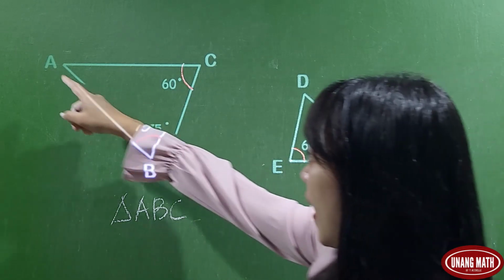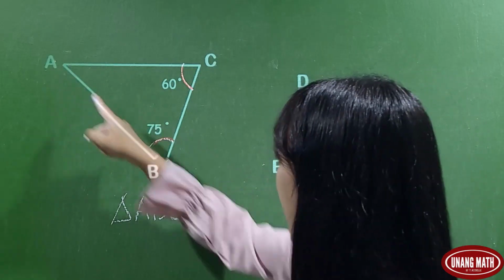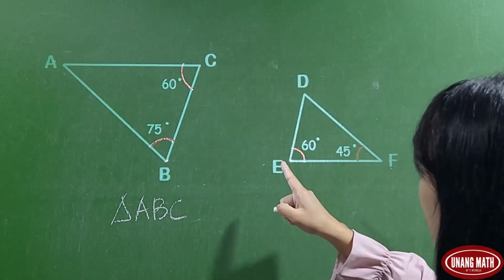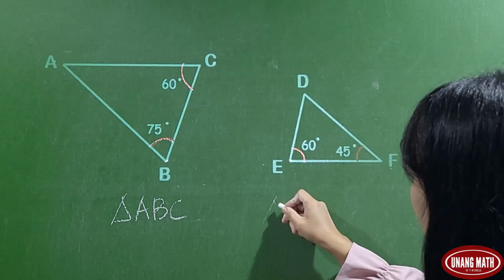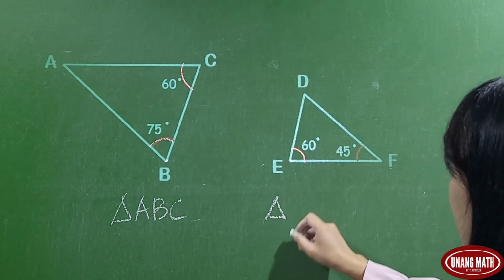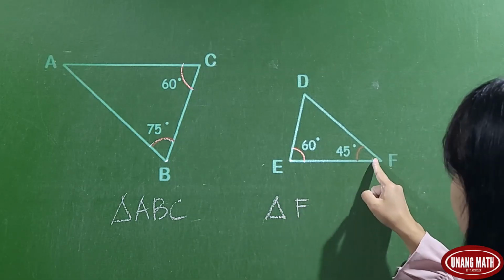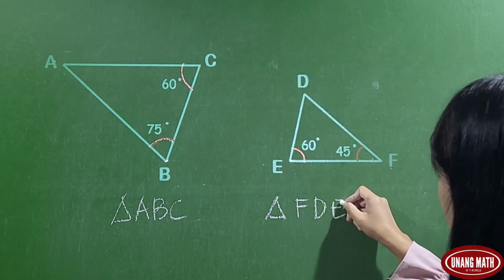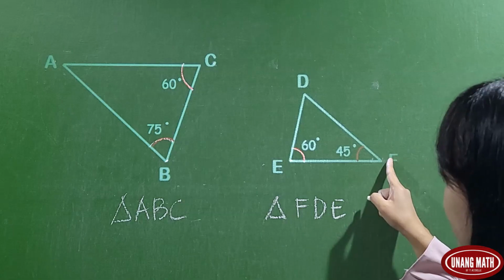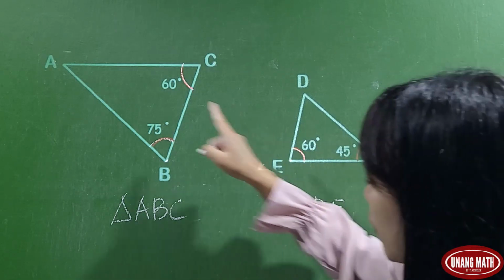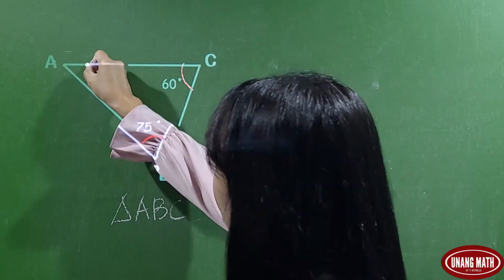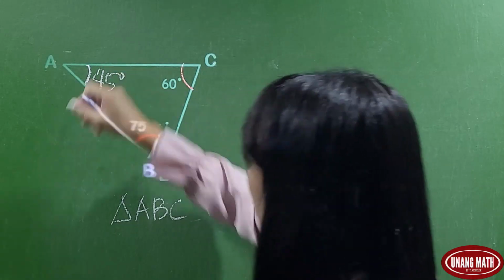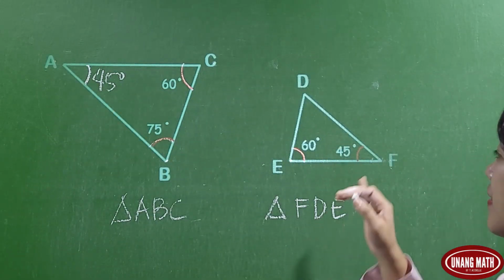So if this is triangle ABC, then this is now triangle FDE. So angle F corresponds to angle A. So this is also 45 degrees.